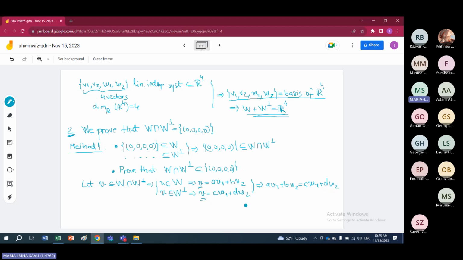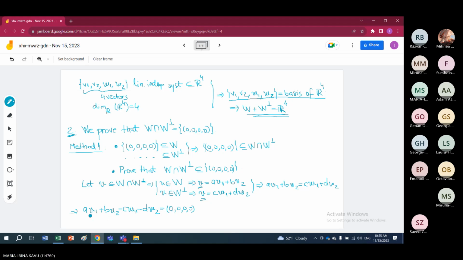Now we'll move all the terms from the right side to the left side, and we have A V1 plus B V2 minus C W1 minus D W2. This is a combination of vectors, and you will write here 0, I mean the null vector.